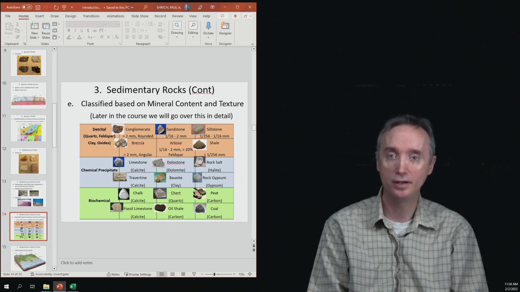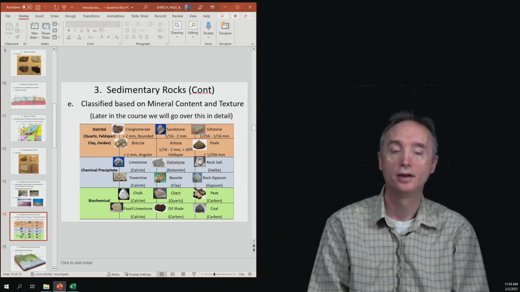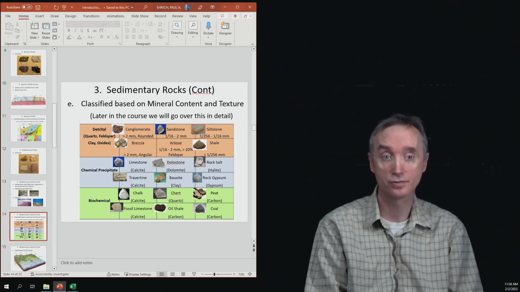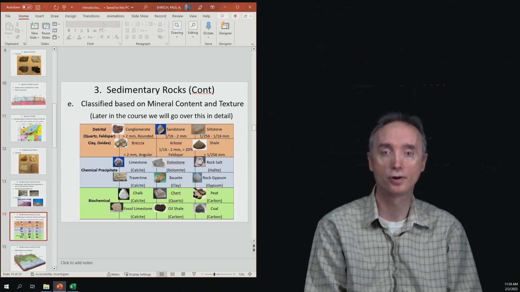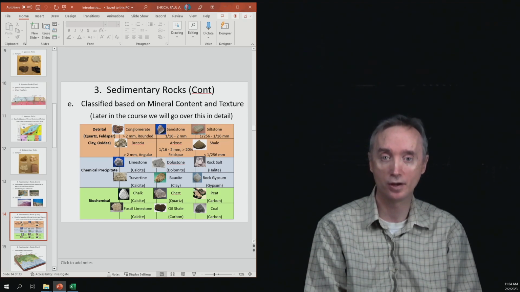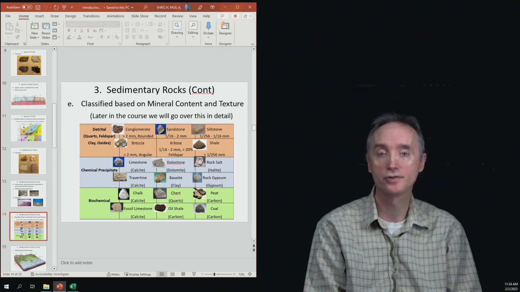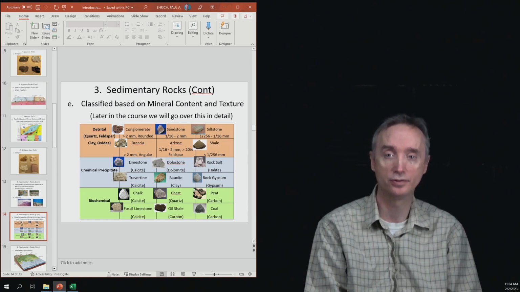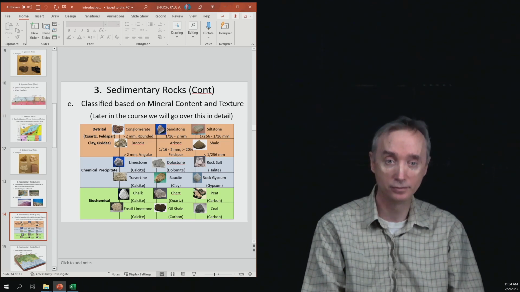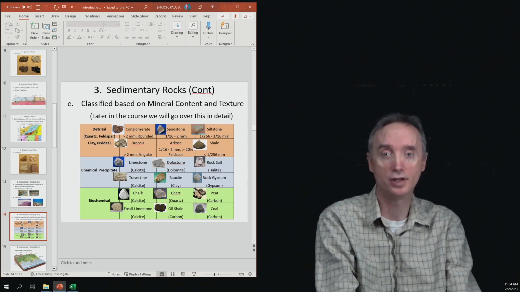So these are going to be based on living organisms. So there are some kinds of living organisms that can extract calcium carbonate from the ocean water and then use that to make their shells. And then when they die, those shells can accumulate on the bottom of the ocean, and then they can be glued together. And then you remember that that was called coquina.